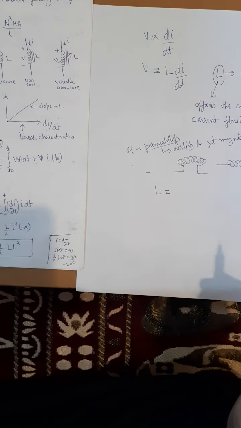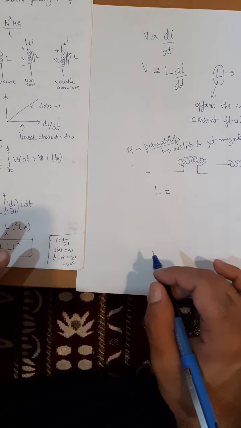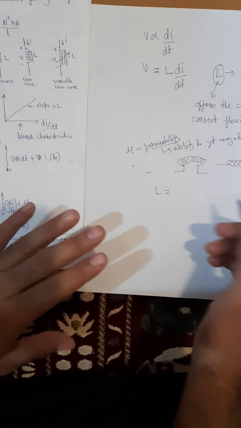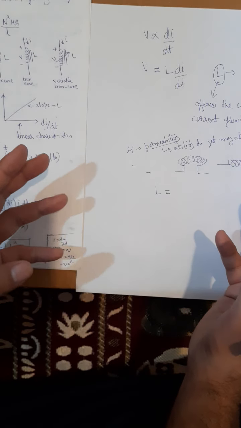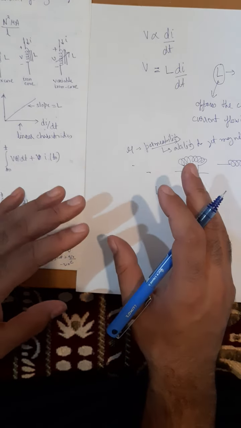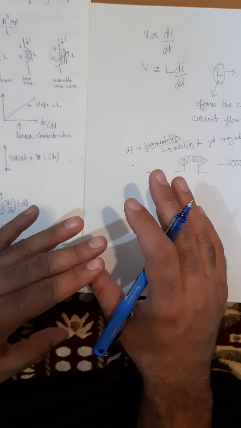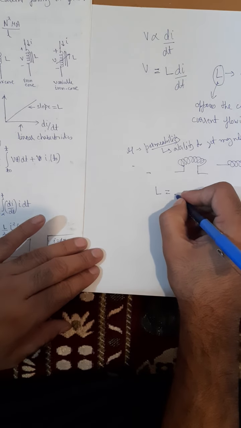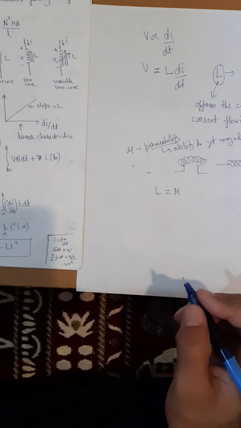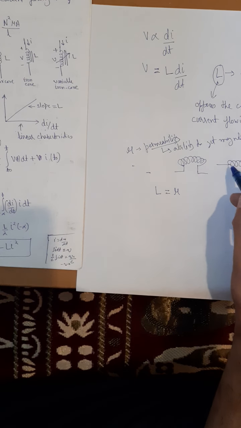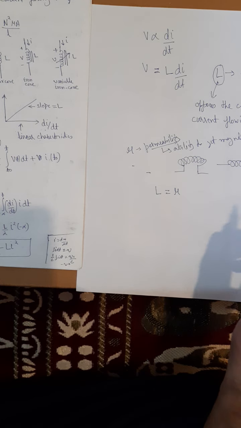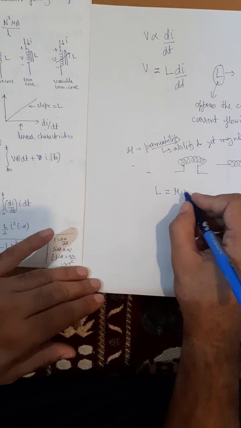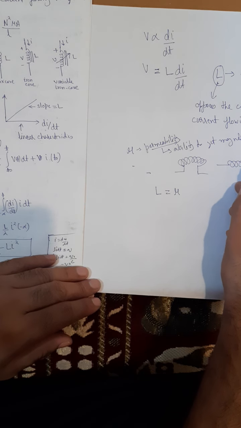If a material has high permeability, it gets magnetized easily and stores more energy in the magnetic field. So number one, it depends upon the permeability of the material, that is, which type of material is in the coil. Number two, it also depends upon the square of the number of turns of the coil.